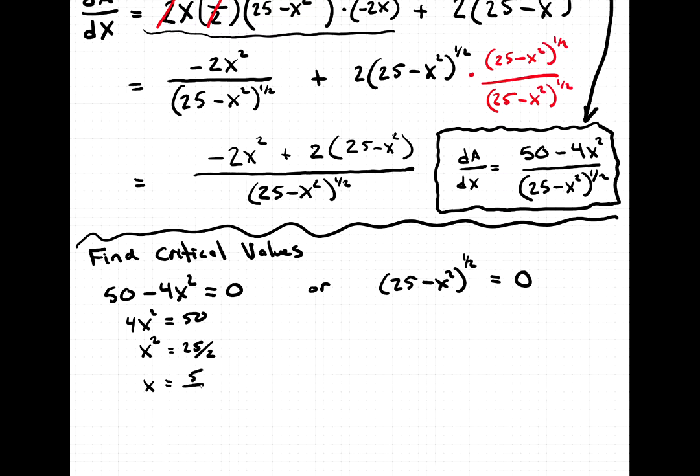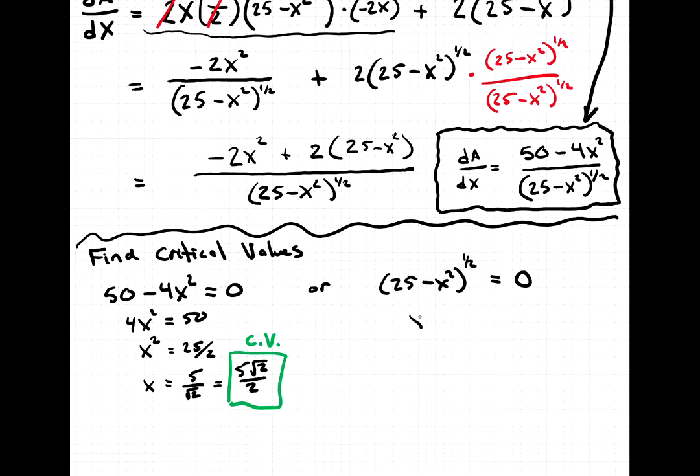So 5 over the square root of 2, or 5 root 2 over 2. So this is a critical value. And then over here on the right, 25 minus x squared equal to 0.